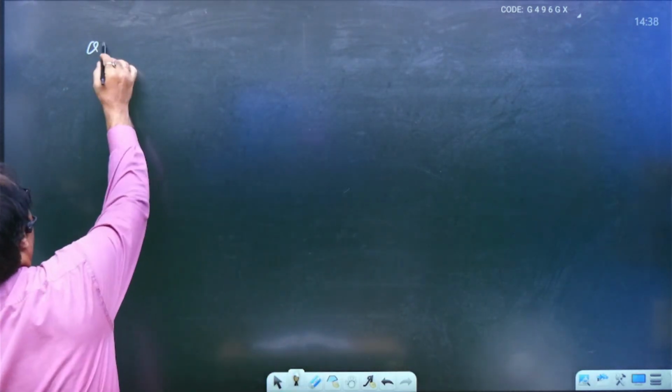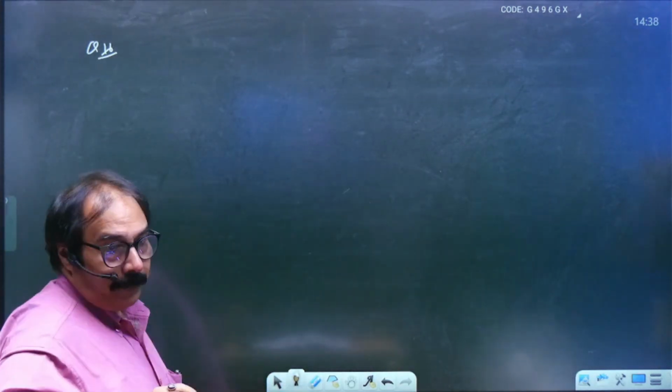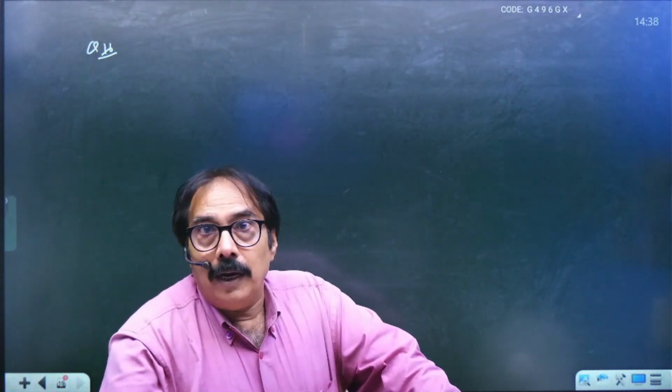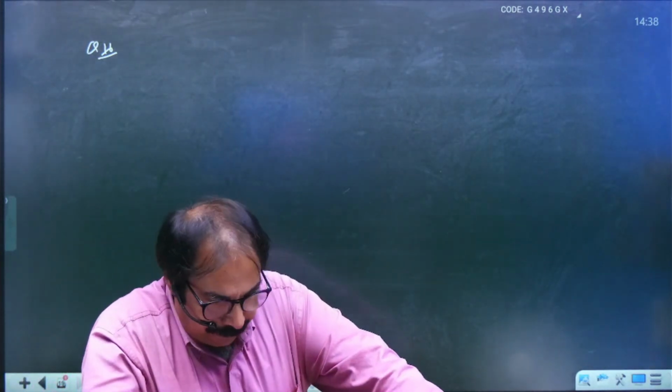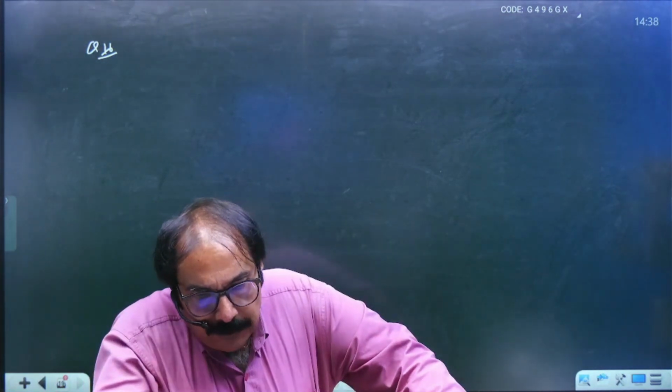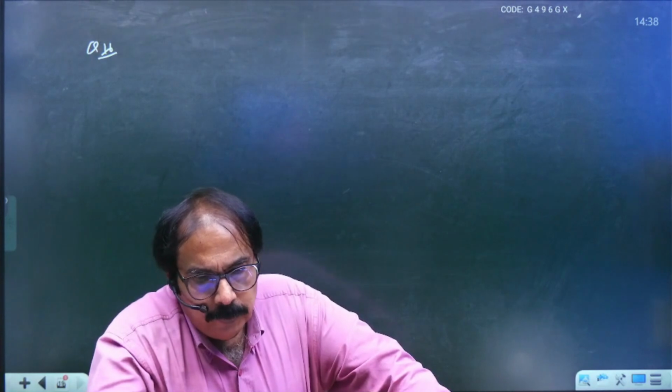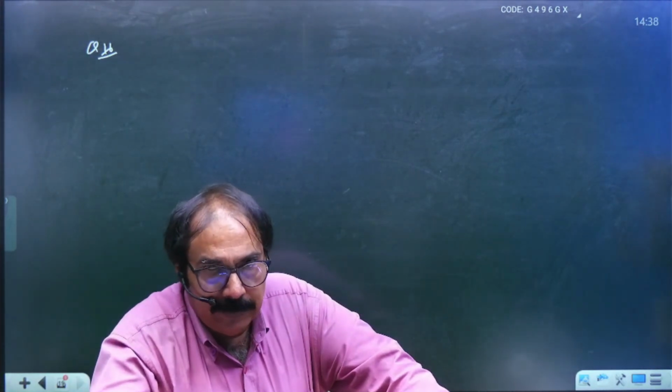Now the last question, number 16. And the 16th question can be asked in another way also. The question says that the angle of elevation of the top of the tower from two points at a distance of 4 meter and 9 meter from the base of the tower.